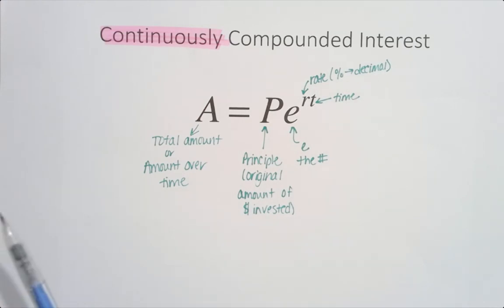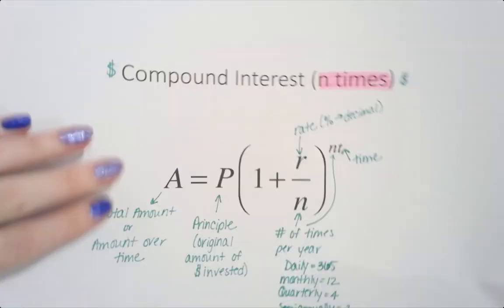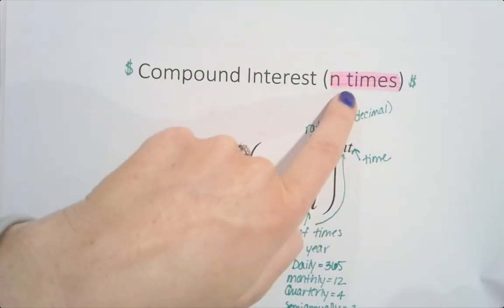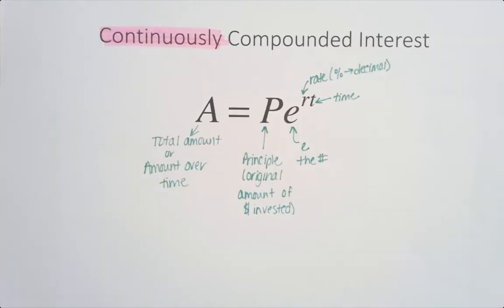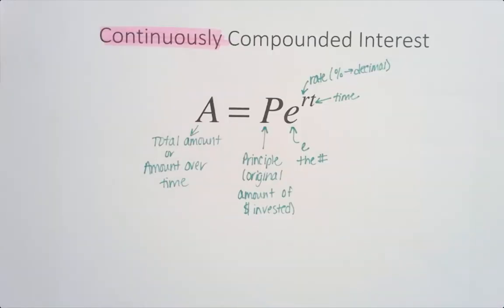You type it in as a decimal, and T is still standing for time. So we will know the difference between these two formulas based on what the problem is telling us. Are we continuously compounding our interest, or are we compounding our interest so many times per year? That's how you're going to know whether to use the crazy formula or PERT, our new best friend.